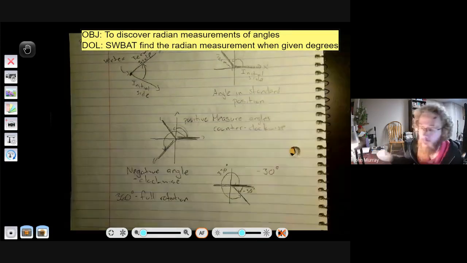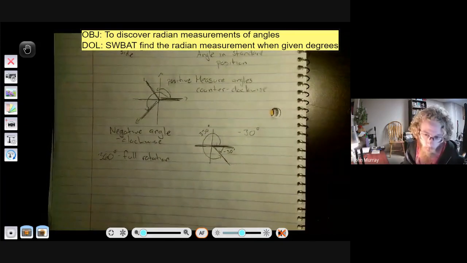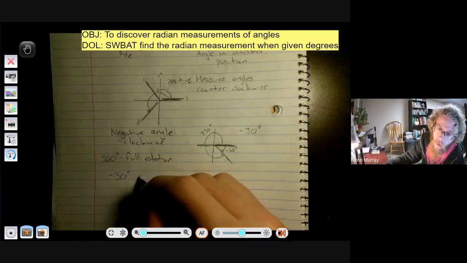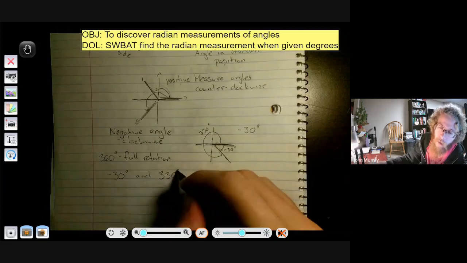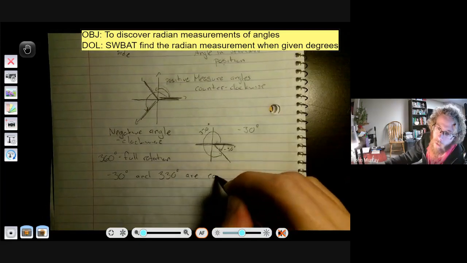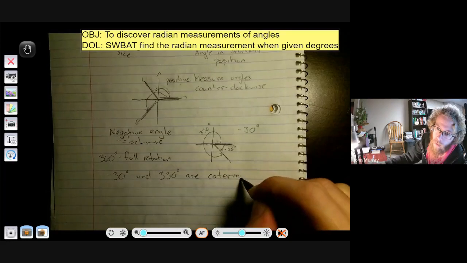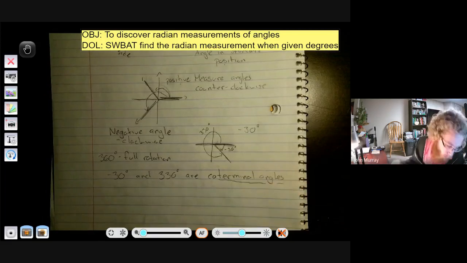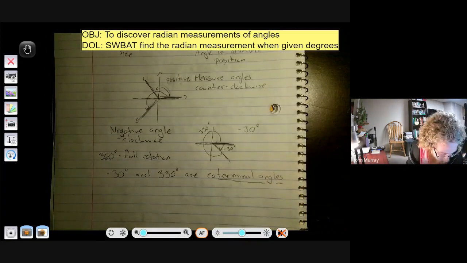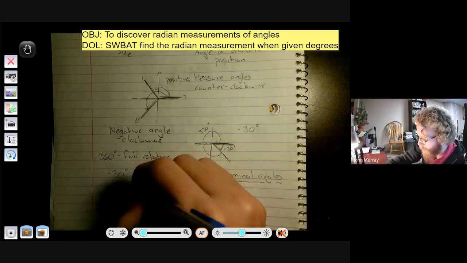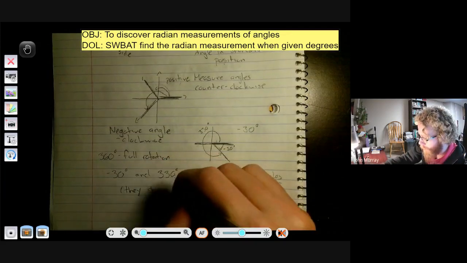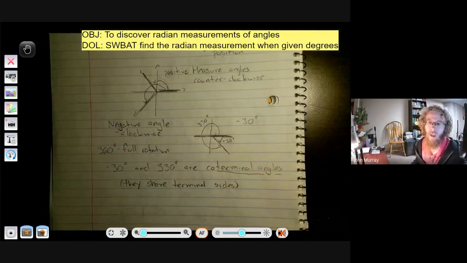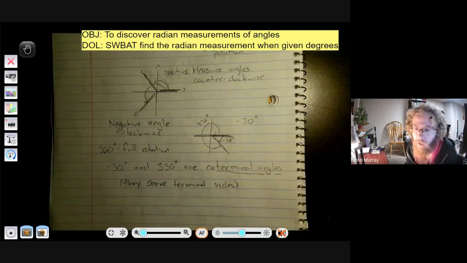There is a name for angles that meet up like this. Okay, so negative 30 and 330 we call coterminal angles because they end up in the same place and they share terminal sides.